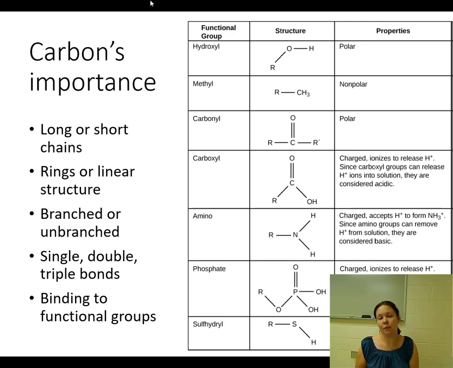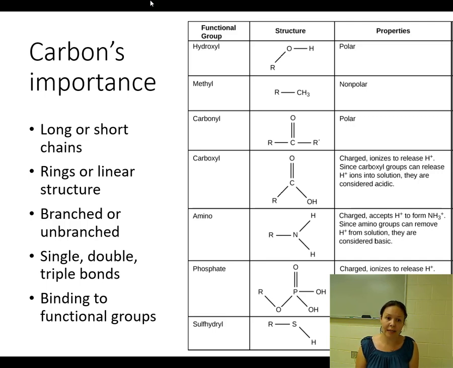So because it can form 4 bonds, it can build chains that are long or short. And so we have different types of carbohydrates that have long chains and some carbohydrates that are simple sugars and have short chains or ring structures. And so because carbon is so versatile, that makes it a really good backbone for building these macromolecules.